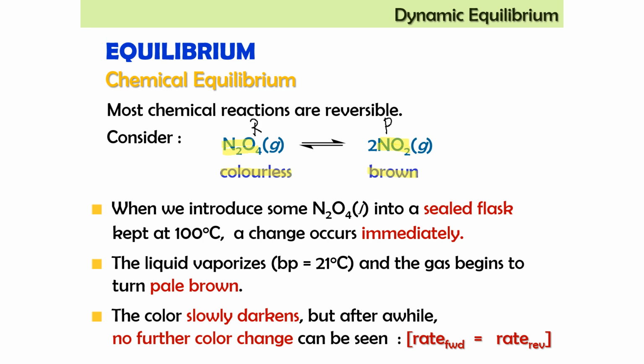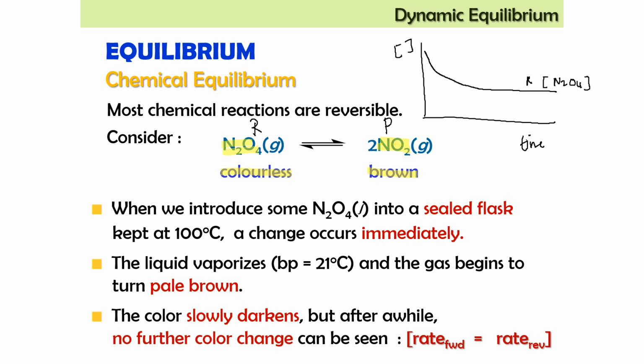So at the beginning of your reaction, if you draw a graph of concentration against time, as time increases, the concentration of N2O4 will decrease. This is the reactant, the concentration of N2O4.